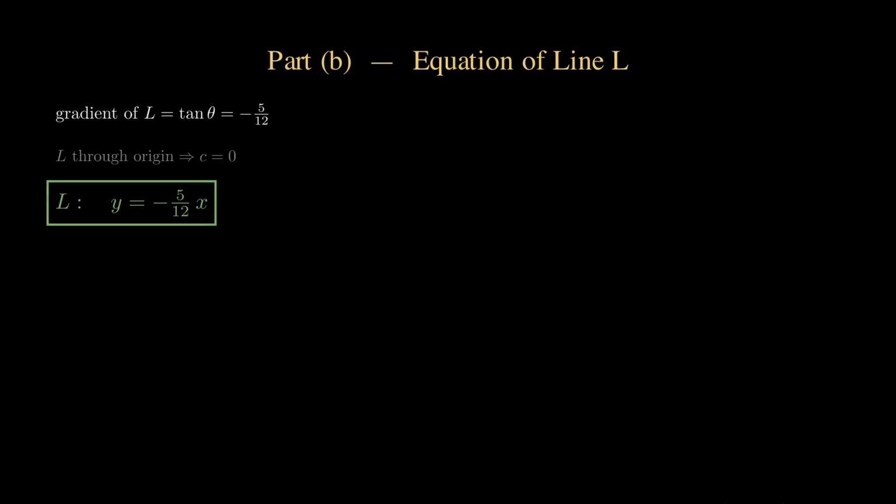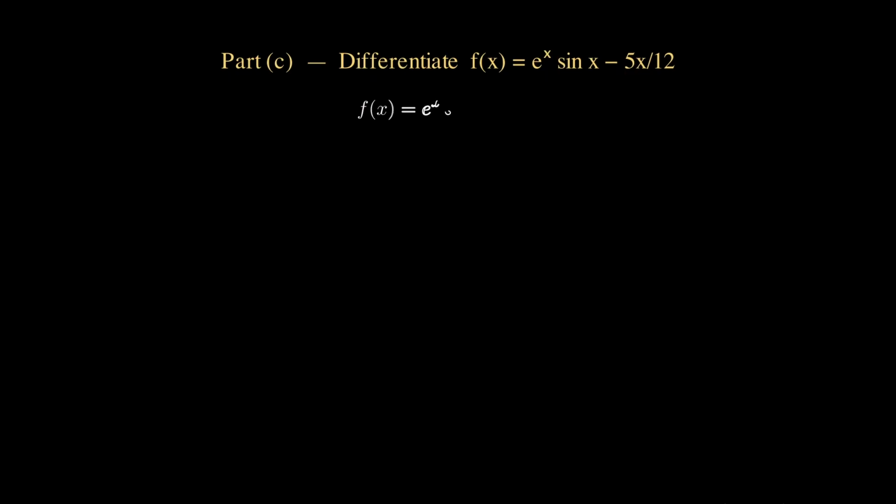Part C, we need to differentiate f of x equals e to the x times sine x minus 5x over 12. The first term is a product of two functions. We use the product rule. The derivative of u times v equals u prime v plus uv prime.